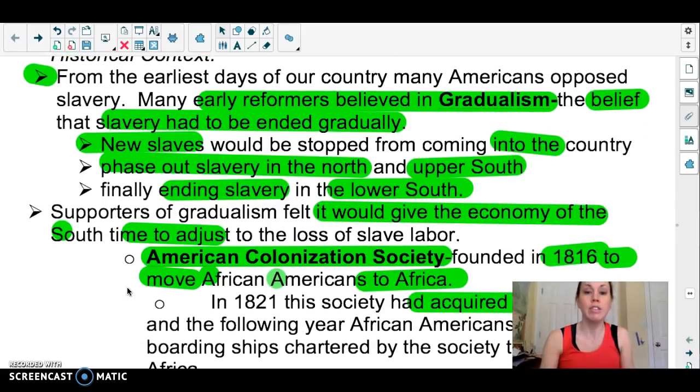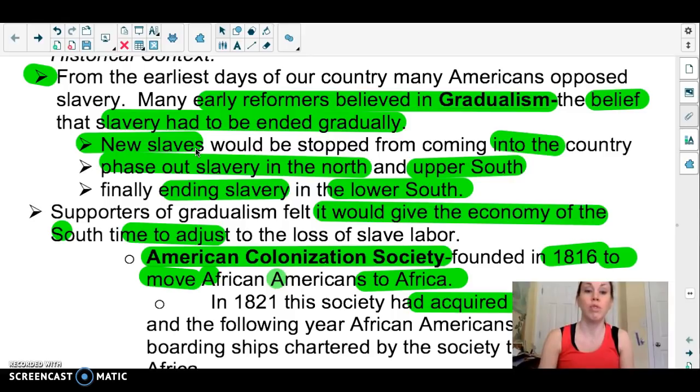So here is the process the gradualists proposed, and you got to know it in order. So new slaves would be stopped from coming into the United States from Africa or any other location. So no more slaves brought in by boat into the Americas. Next, phase out slavery in the North, where we've already seen a great reduction in slave labor anyway.